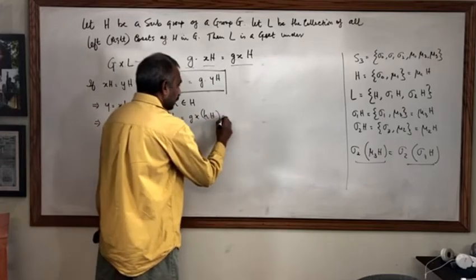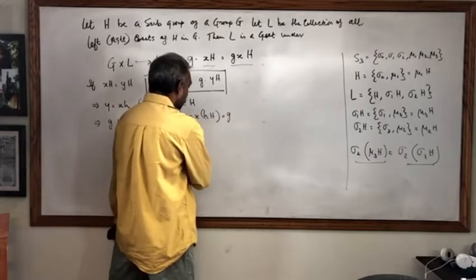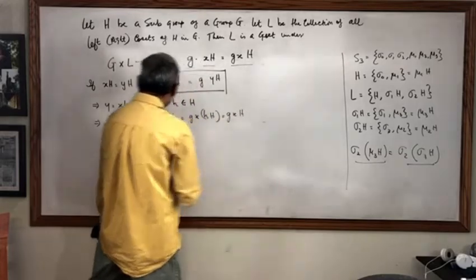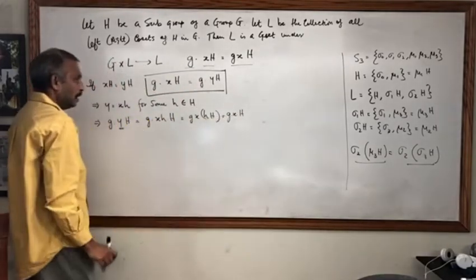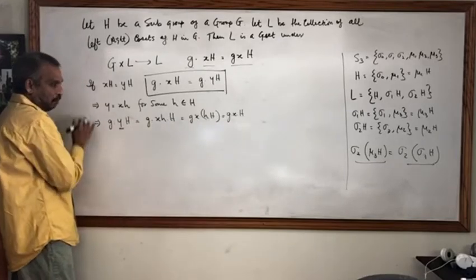So this is actually the identity permutation. So xH, H. And that's what we want to show. So this is a well-defined action.